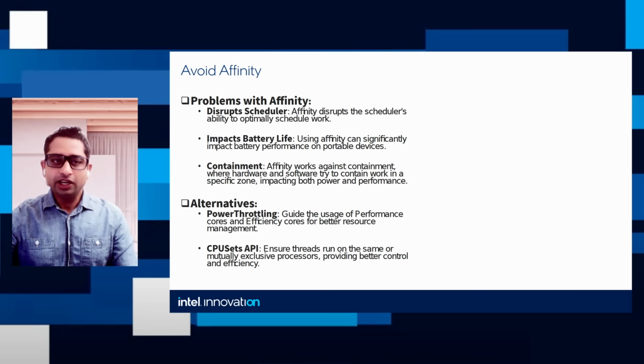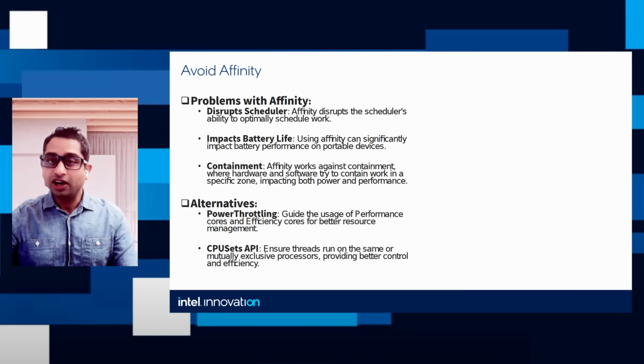For instance, if you want to run your application on the most performant core, using the power throttling API is your best bet. While we generally don't see affinity used much in software, there are some exceptions. On servers, affinity might be used for resources that are close to the memory.